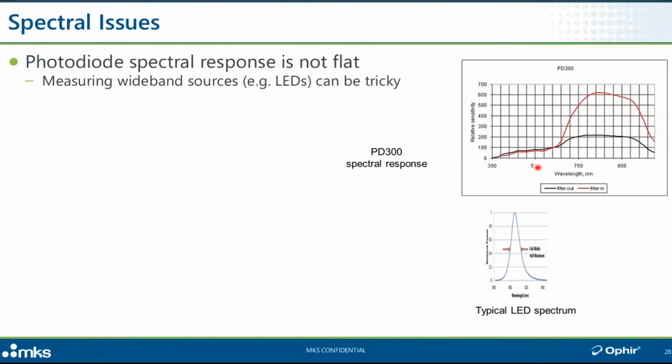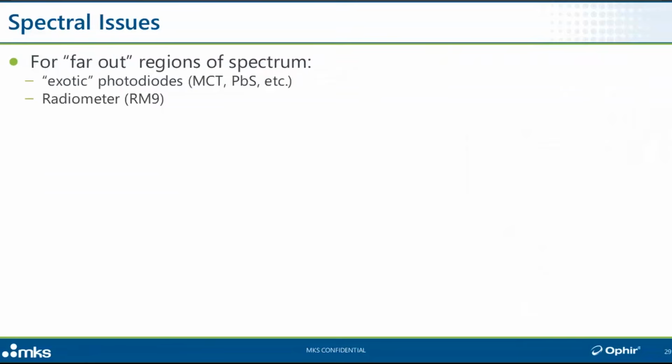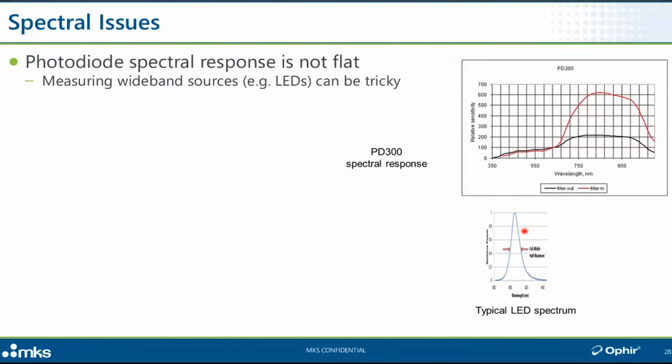If you're going to use a photodiode to measure a wideband source, then there's a few things to be careful of. So first of all, the fact that my spectrum is wide means that there's light of more than one wavelength. Now, because these photodiodes are not spectrally flat, we calibrate them with a full spectral curve.